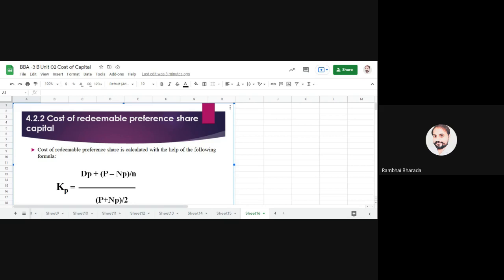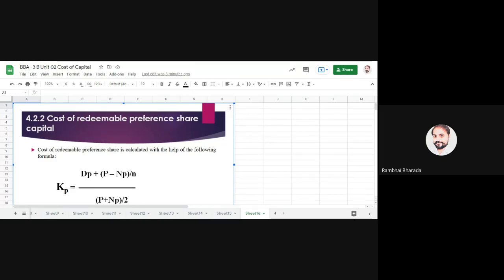At that time, whatever the price is, that price is known as the issue price. In our case, it is 2 lakh rupees. So this 2 lakh is considered as the issue price. It is considered as NP, net proceeds, after adjusting premium, discount, or issue expenses.